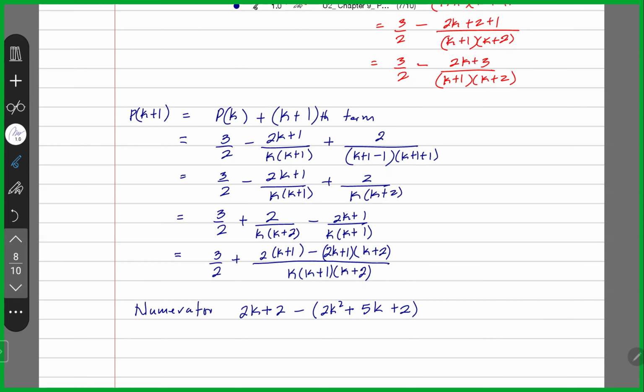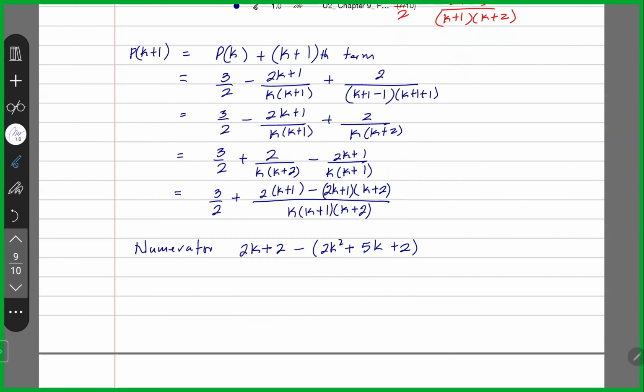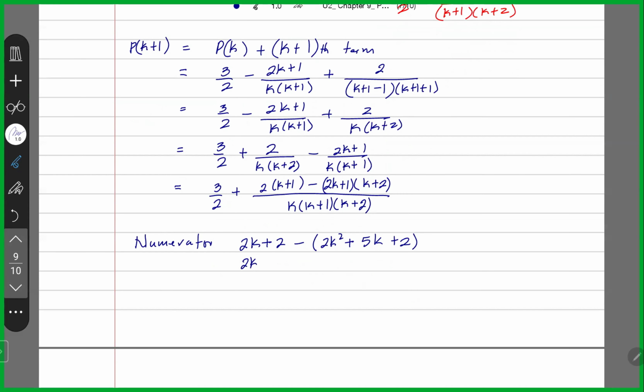So just working on simplifying the numerator, this is 2k plus 2 minus 2k squared minus 5k minus 2. This becomes minus 2k squared minus 3k, and 2 minus 2 is 0. So we could say that this is just minus k into (2k plus 3).